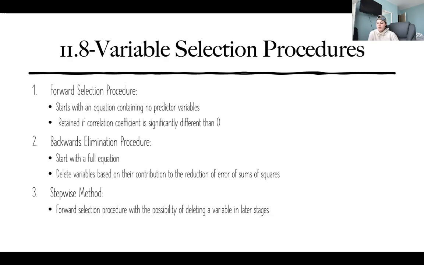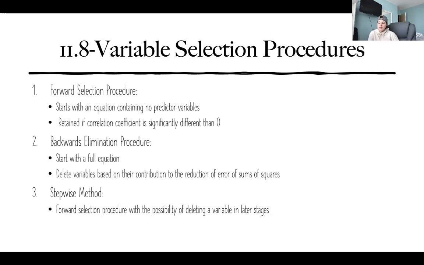If the regression coefficient of that variable is significantly different from 0, then the variable is retained and we move on to our next variable. This procedure keeps going until the last variable entering the equation has an insignificant regression coefficient or all the variables are included in the equation. And to find our significance, we use a t-test in this situation.